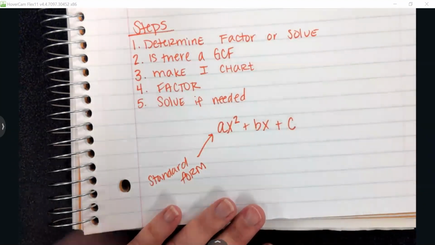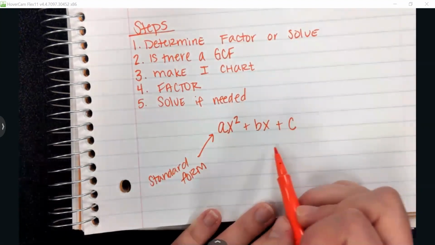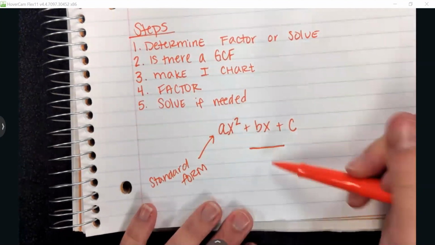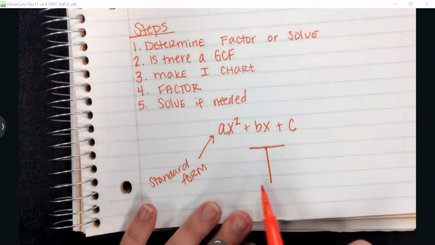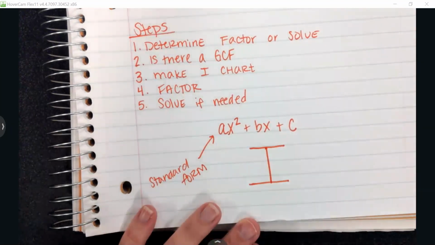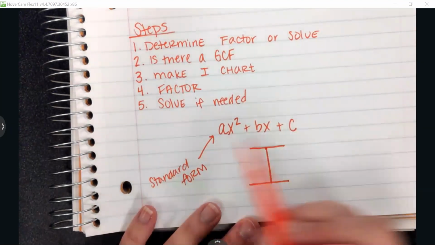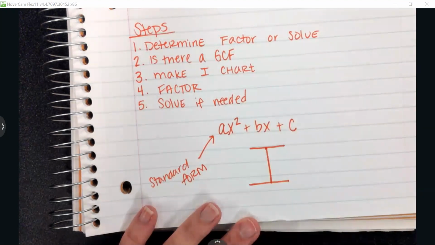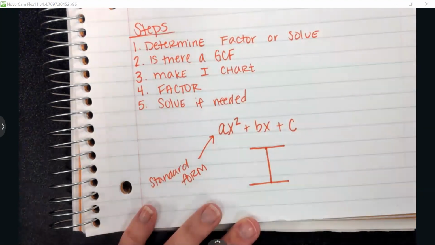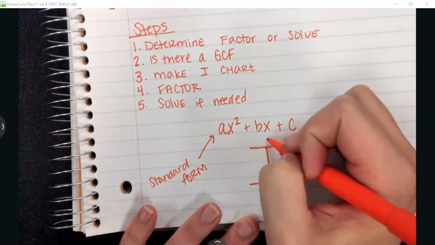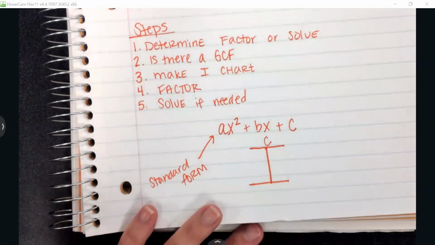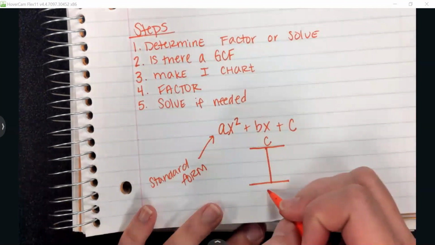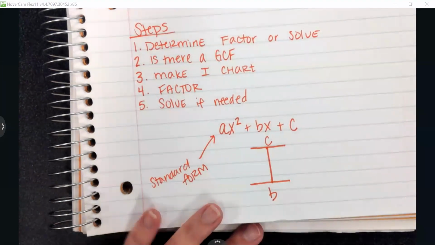Okay. My eye chart literally looks like a big capital I. If it is in standard form, your eye chart is easy to make because your eye chart will go backwards, meaning the letter C will be at the top and the letter B will be at the bottom.